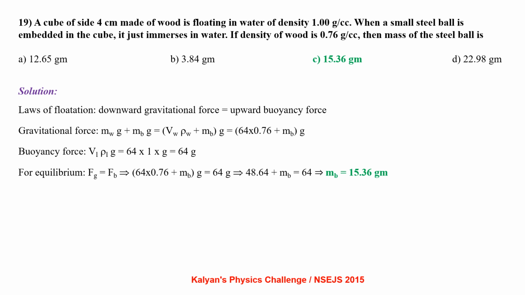The gravitational force is mwg plus mbg, where mw is mass of the wooden block and mb is the mass of the steel ball. Buoyancy force on the system is V liquid rho liquid into g, that comes out to be 64g. For equilibrium, gravitational force should be equal to buoyancy force, from where we get mass of the steel ball equal to 15.36 gram.